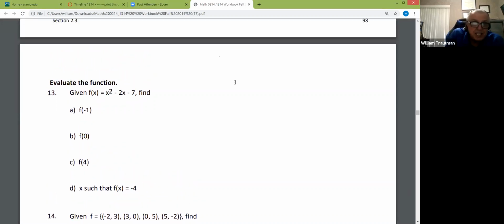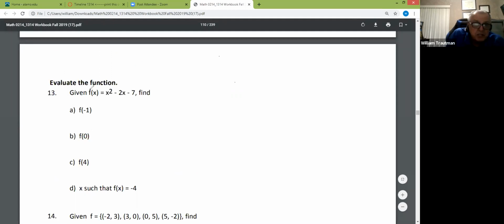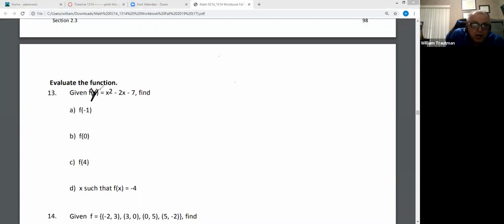It's really important to understand what we're talking about here. Don't forget, this f of x really means y. That's y equals. So I want everybody to understand f of x equals y. This is a holding spot for x.